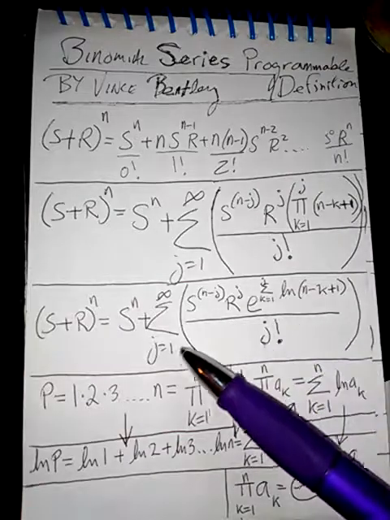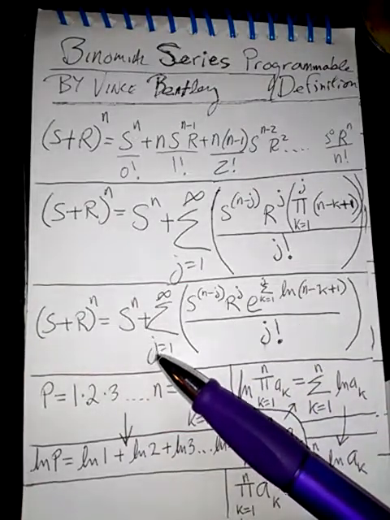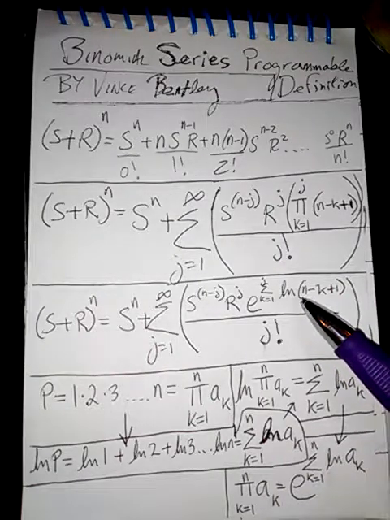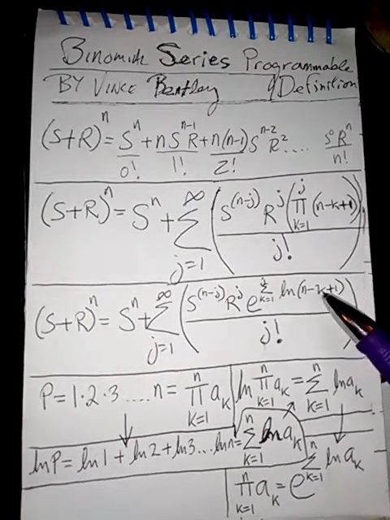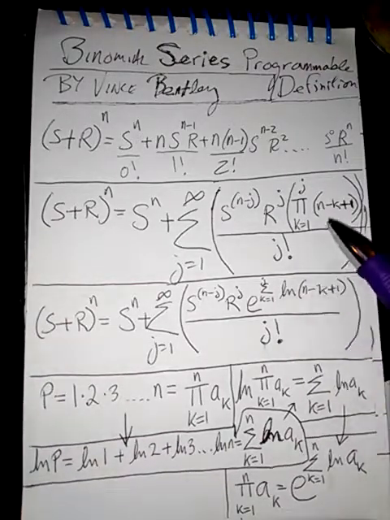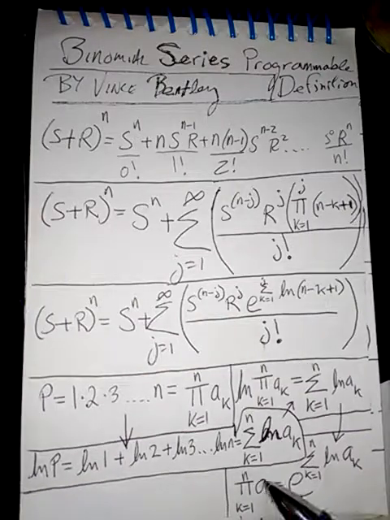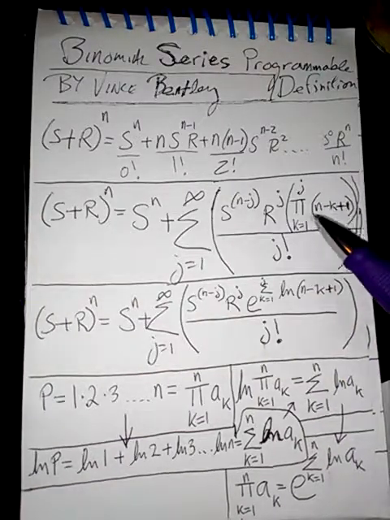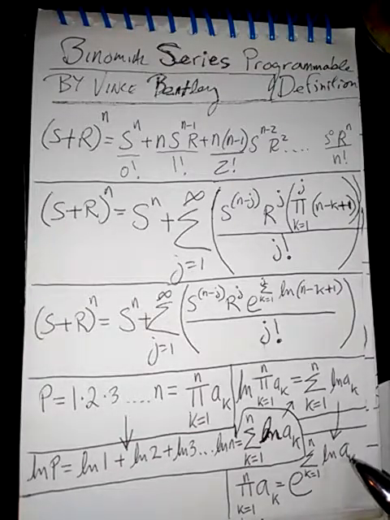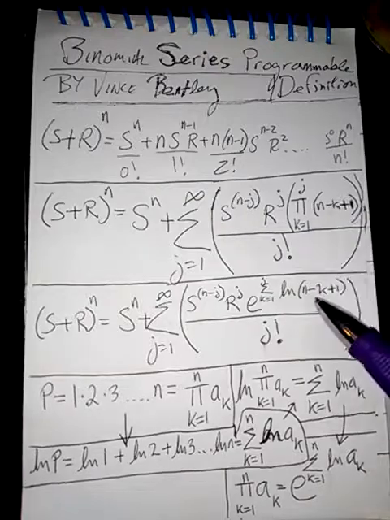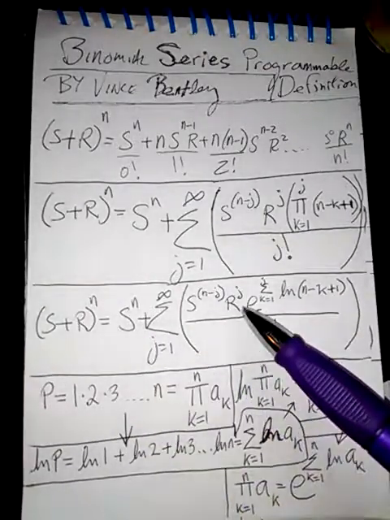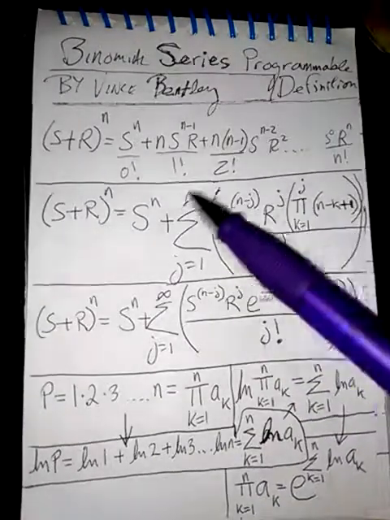I have 1 to j because my index is j, of the natural log of n minus k plus 1, which is the natural log, and the function here of the product, whatever's in the product right here, a sub k, is this function right here. And so that goes right in front of the natural log right there. And so that needs to go there. So that's why this is the exact same binomial series as this right here.